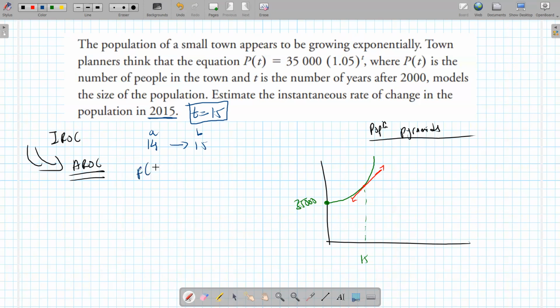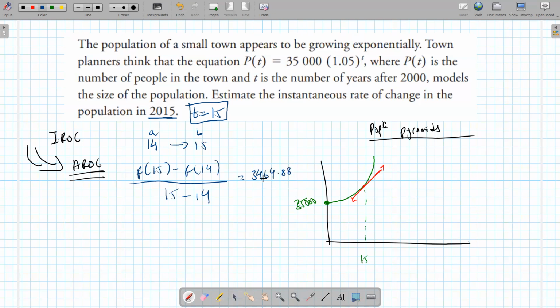So one of the possible answers could be f of 15 minus f of 14, divided by 15 minus 14. Let me plug these numbers in. 35,000 times 1.05 to the 15 minus 35,000 times 1.05 to the 14, divided by 1. So one possible answer is 3464.